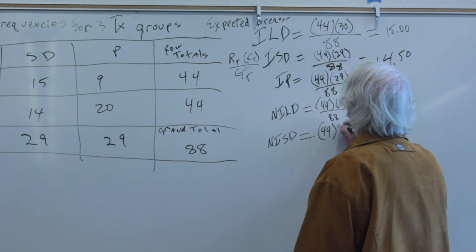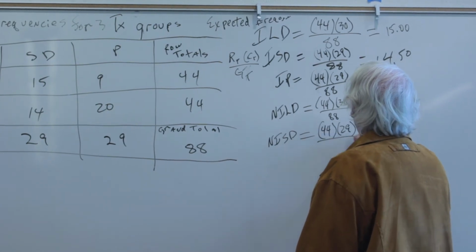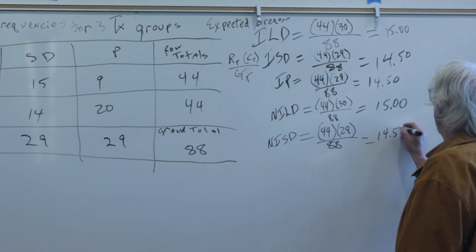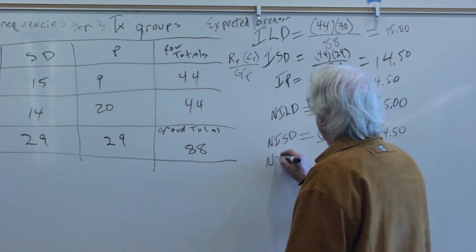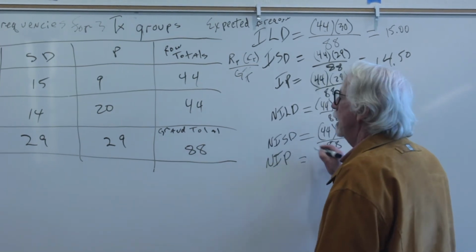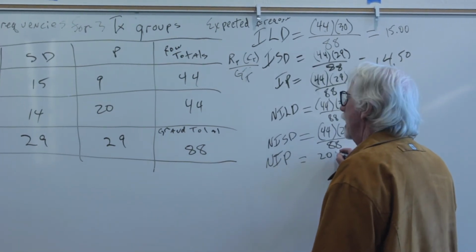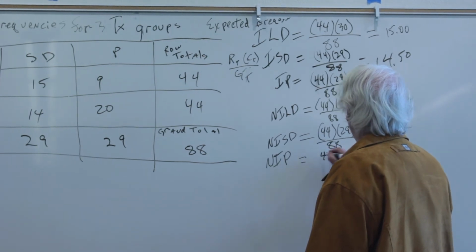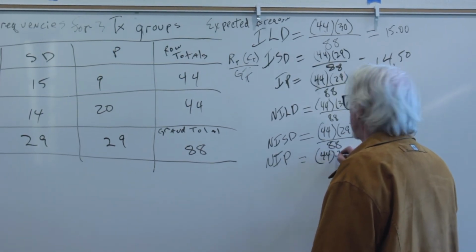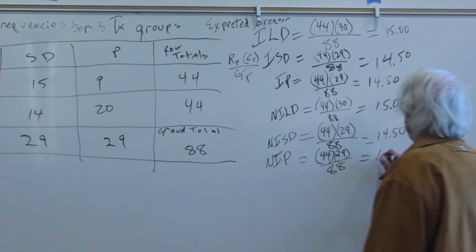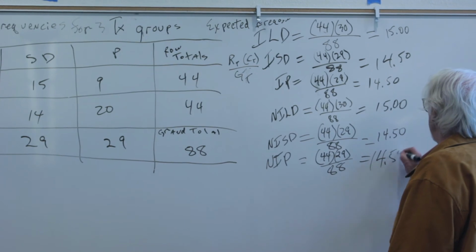44 times 29 over 88, which is 14.50, and the not improved placebo is 44 times 29 over 88 again, which is 14.50.